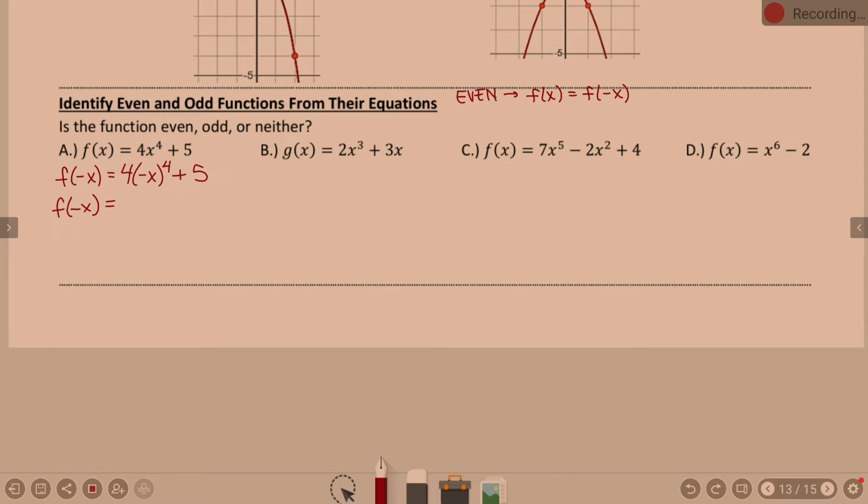When you multiply an even number of negatives, you get a positive. When you multiply an odd number of negatives, you get a negative, right? That's a fact we need to know. So negative x to the 4th is just going to become positive x to the 4th. Multiply the 4 back on, and it's 4x to the 4th plus 5.